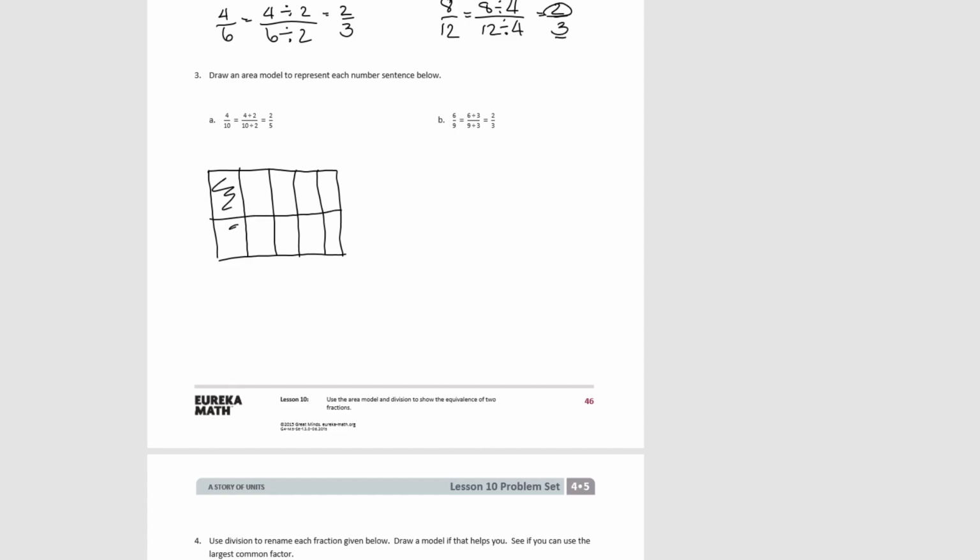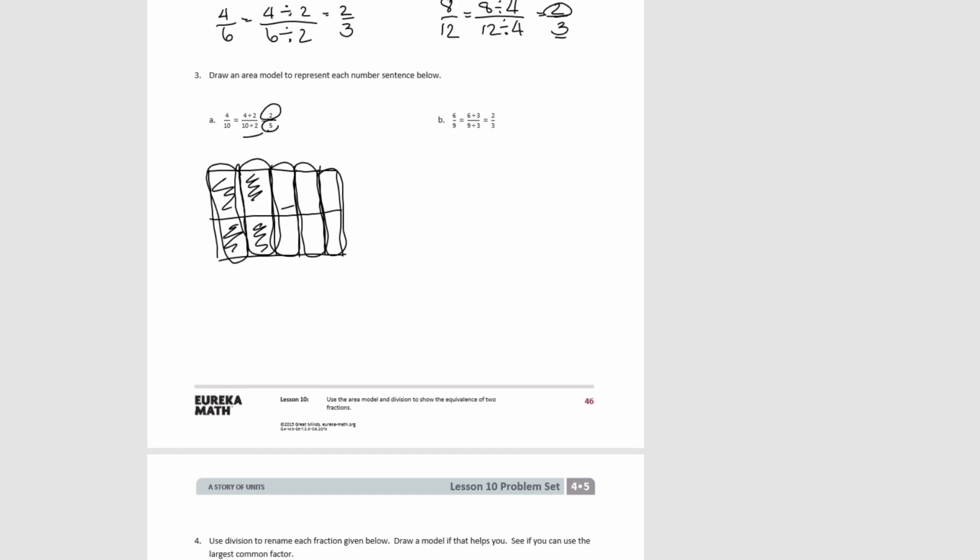And 4 of them are selected, as shown by our numerator. And then our division tells us we're grouping 2 of the smaller units into larger units. So we end up with 5 total units, and 2 of them are shaded. So we have represented the number sentence.